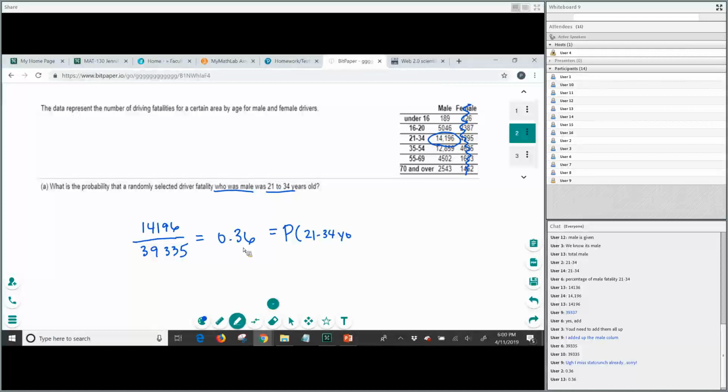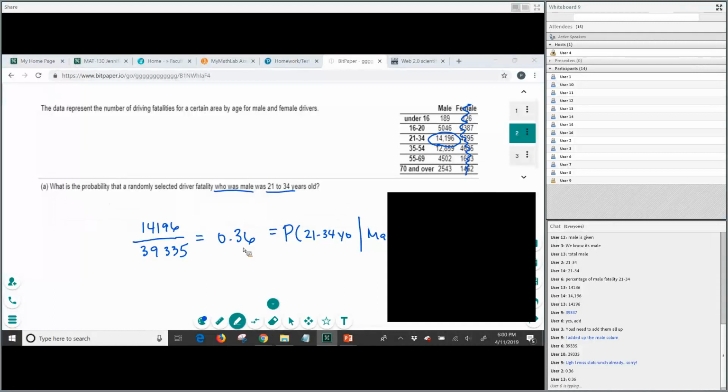And just to note, if we wanted to write this with the notation, we could write it like this. The probability that someone is 21 to 34 years old, given that they were male. That's what it would look like in notation form.